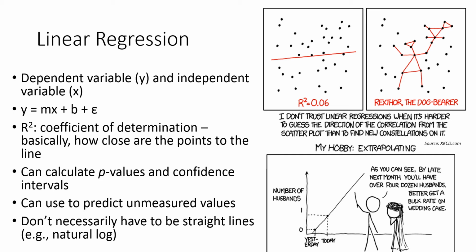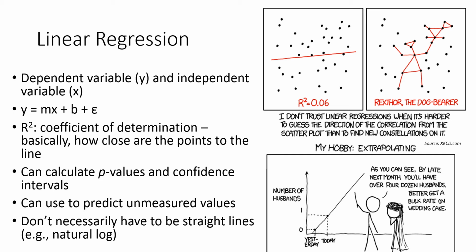And even though it sounds like a linear regression has to be a straight line, depending on if you transform your data, if you use log axes, you can make curved data linear and fit it with a linear regression, but then you have to do some back transformations of log values. But it is possible to do linear regression on non-linear data.